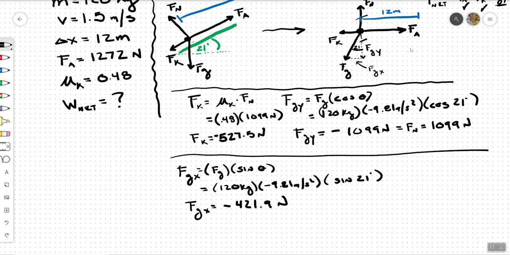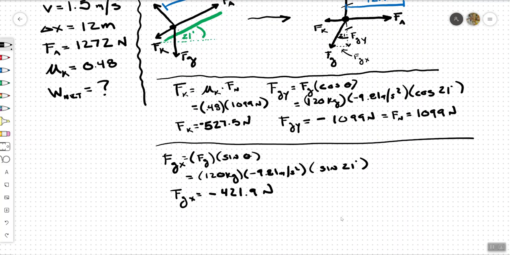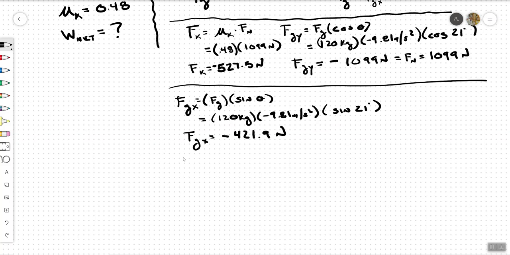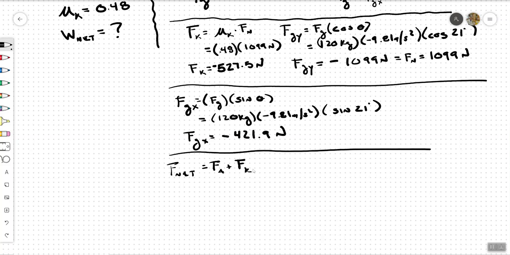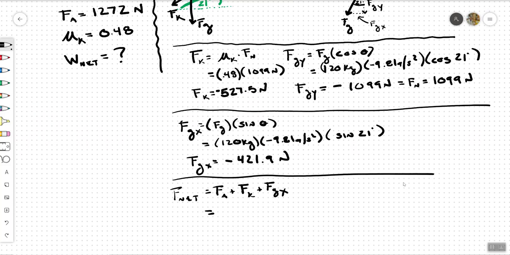So that gives me, if I look at my picture, F net is all of those. I now have all those, so I can figure out F net. So F net is equal to the applied force plus the force of friction plus the horizontal component of gravity. So the applied force, they told us, is 1,272 newtons.